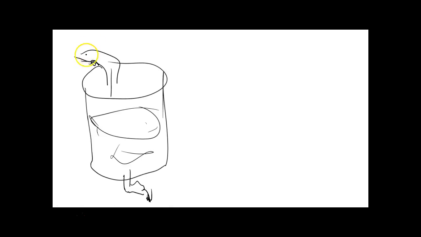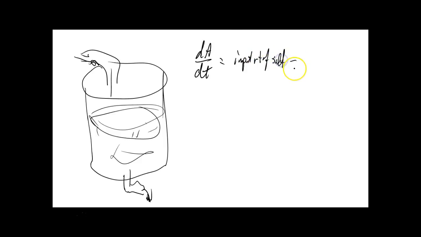Now, the amount of the something that you have here, they do that as dA dt. The rate at which your concentration in this solution is changing. That's equal to the input rate of the salt minus the output rate of the salt, okay?